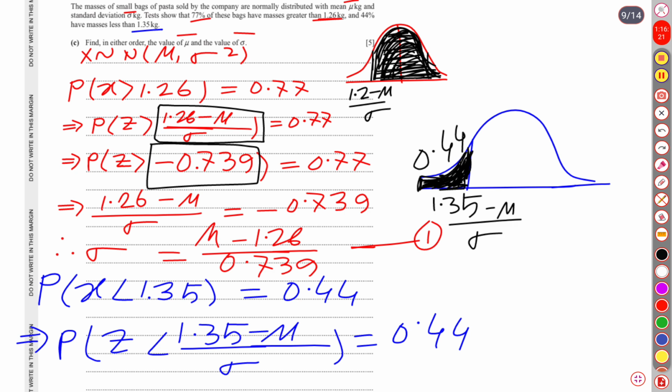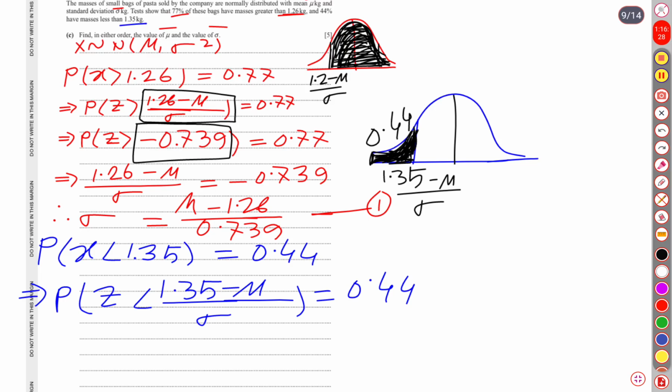And as our z score is lying on the left side of the mean line, surely it is negative. Direction has been found and the probability is 0.44.